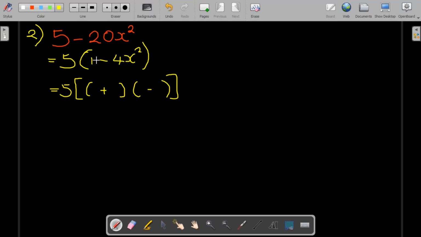So from there we're going to split this one. We're going to look for a number which, when you multiply by itself, will give us 1, which is 1. So 1 here and 1 there. And then we look for a number which, when you multiply by itself, will give us 4. 2 times itself gives us 4, so 2 here and 2 there.